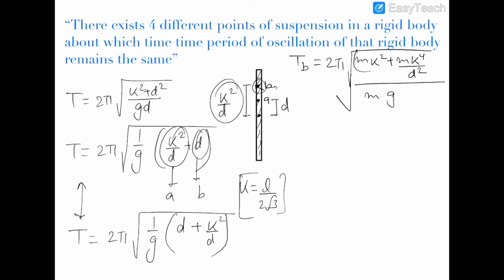Now d will be the distance of the center of mass COM from the hinge, which is B. So the hinge is at k square upon d. So you can see that the time period will be, m is cancelled, so the time period will be 2 pi under root of d plus k square upon d.